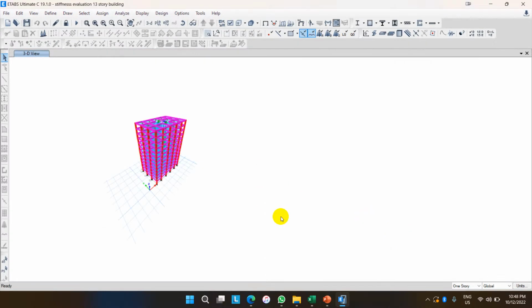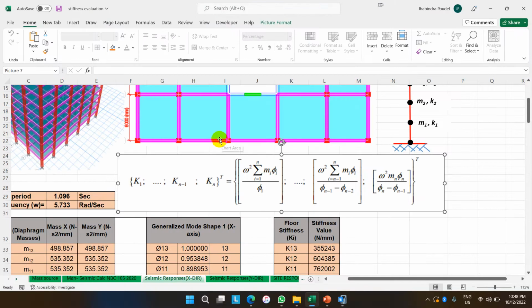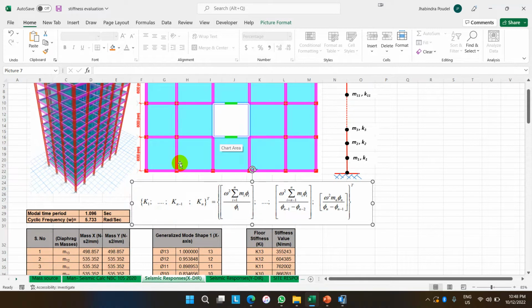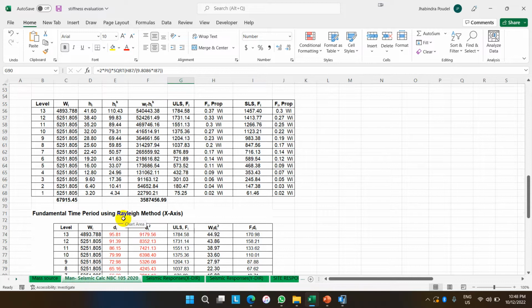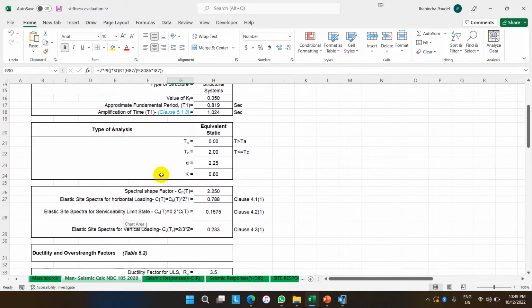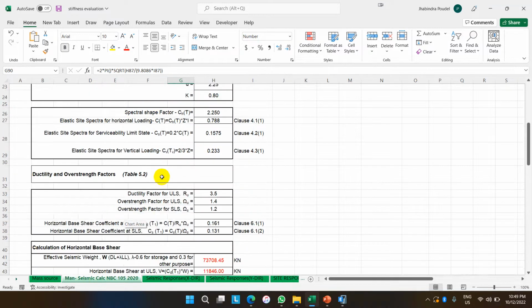So let me turn to the manual calculations here. Before going into the evaluation of story stiffness, let me go briefly through the manual calculation for seismic loading according to Nepal Building Code 105:2020. This sheet is developed based on the equivalent static analysis presented in the Nepal Building Code 105, which is recently published.